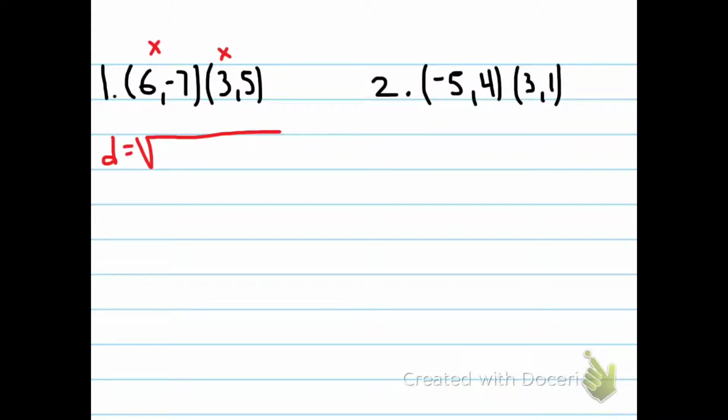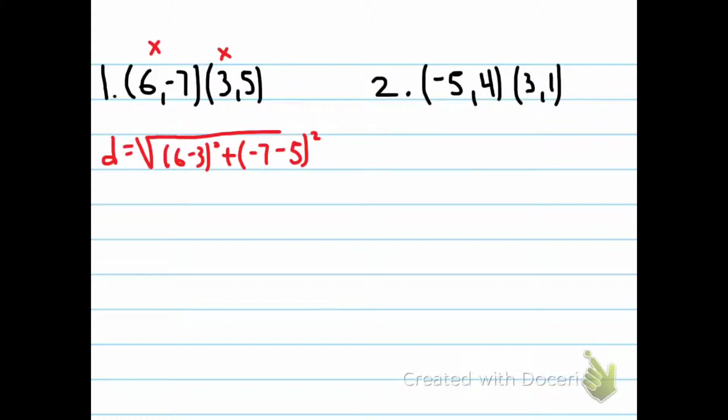It doesn't matter if the number becomes positive or negative, because when you square it, the answer would always be positive. So 6 minus 3 squared plus negative 7 minus 5 squared.